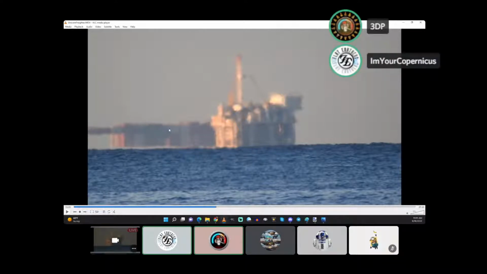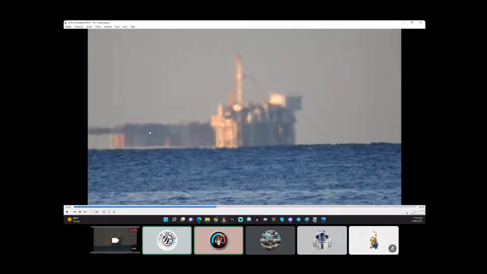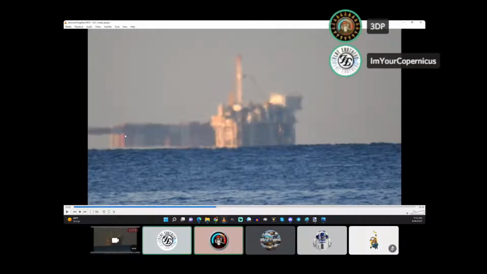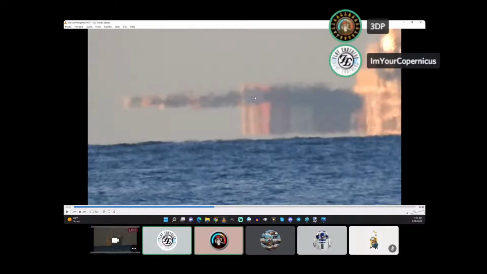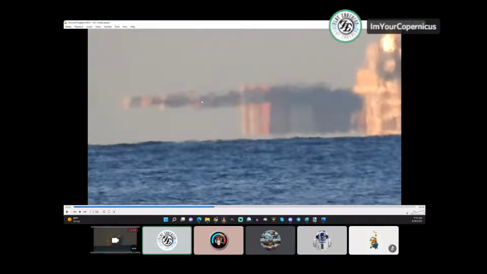So this entire freighter is right here where my cursor is. So here's where I would say the mirage for the freighter is. Right where my cursor is, this sky is not sky. It's mirage of the sky.